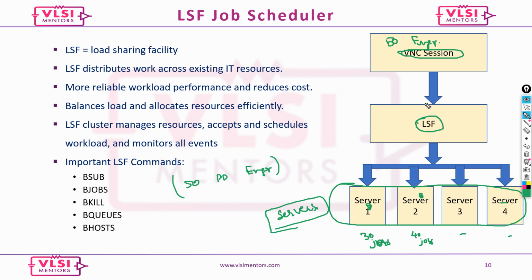It goes to the LSF as a request, and then LSF decides which server it has to go to. Say for example a server is completely full. That means this LSF will close the server for new jobs. New jobs are not allowed because it is already full. It will look at other servers and launch the jobs in that server.